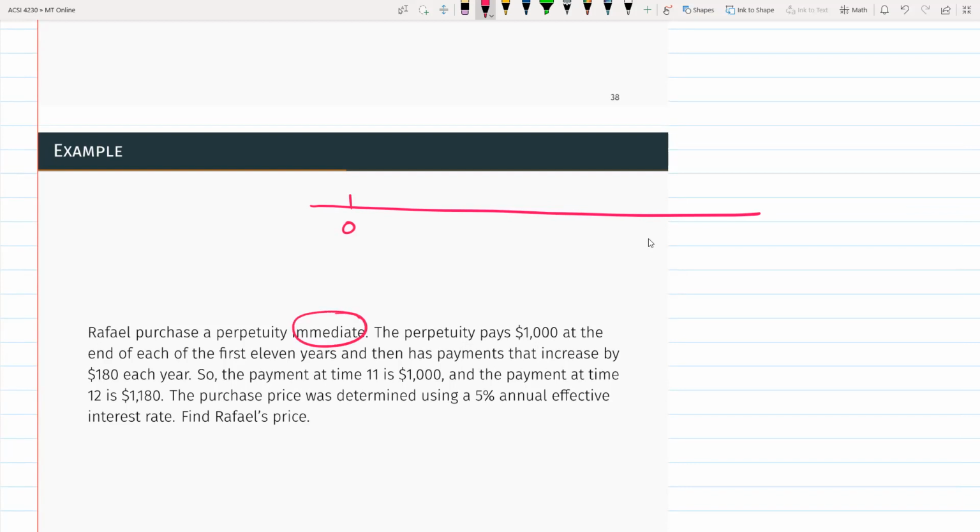It's immediate, so the first payment is at the end of the first year. Each of the first 11 years: this is the first year, second year, third year, and this is the end of the 11th year. And starting in the 12th year, the payment increases by 180.